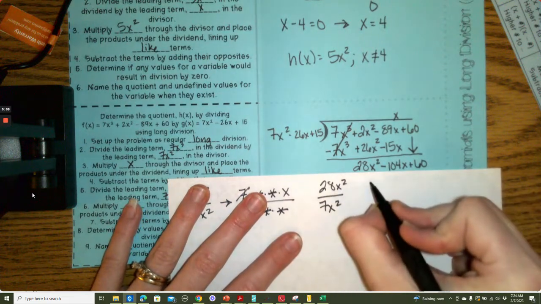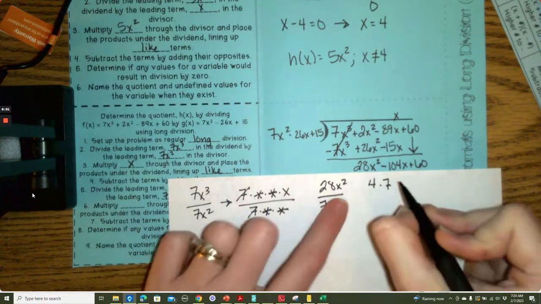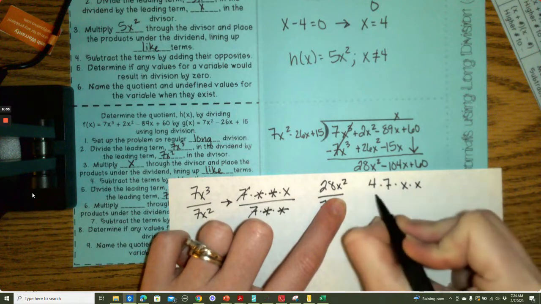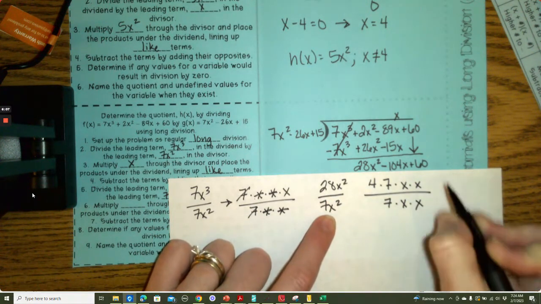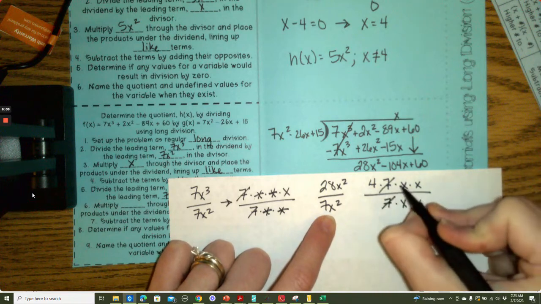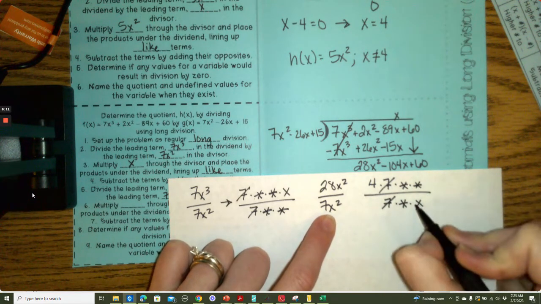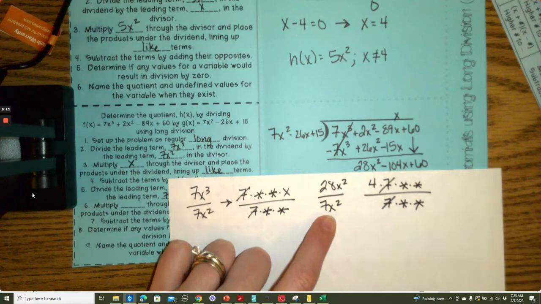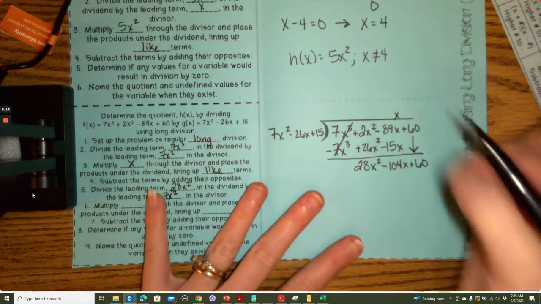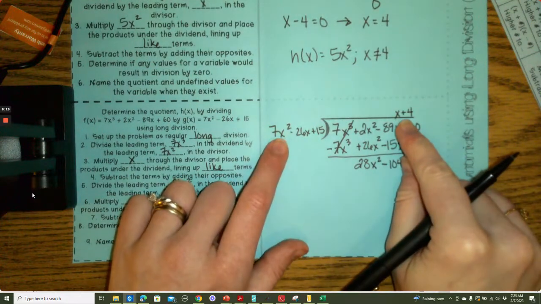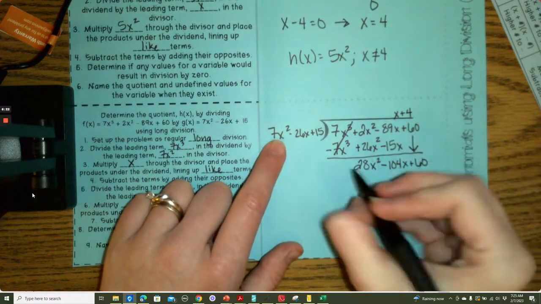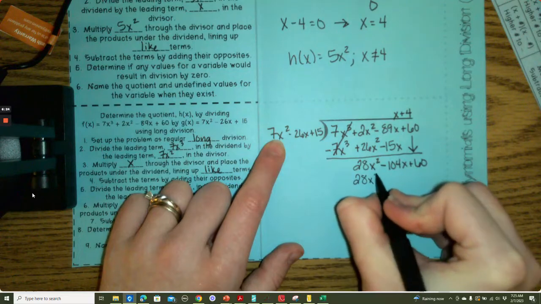But 28 I could break down into 4 times 7. And then x squared is x times x. 7x squared is 7 times x. So the 7's cancel, the x's cancel, these x's cancel, and they leave me with a positive 4. So I would write plus 4. And then multiply out. So 7x squared times 4 is 28x squared.